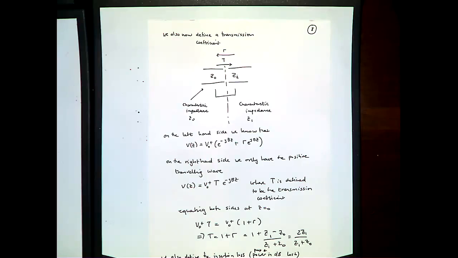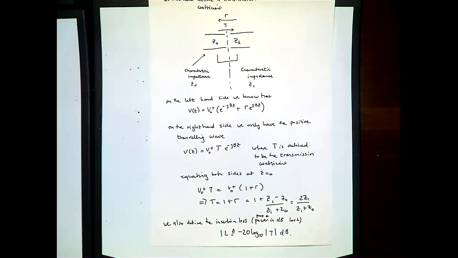So we know there's a relationship between transmitted power and reflected power: the transmitted power plus the reflected power is equal to 1, right? That's conservation of energy, and power is the time derivative of energy.